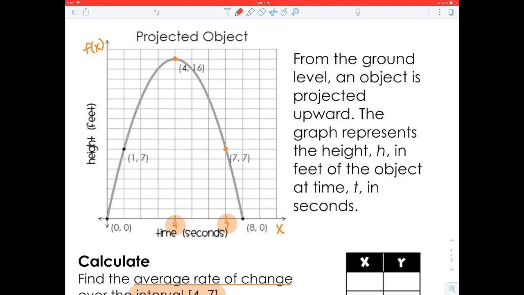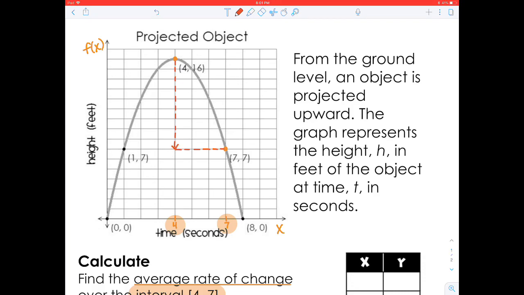Always start with the one on the left. From the 16 to get down to that (7, 7), I need to go down. So let's count how many boxes I need to go down, and then how many I need to run to the right.